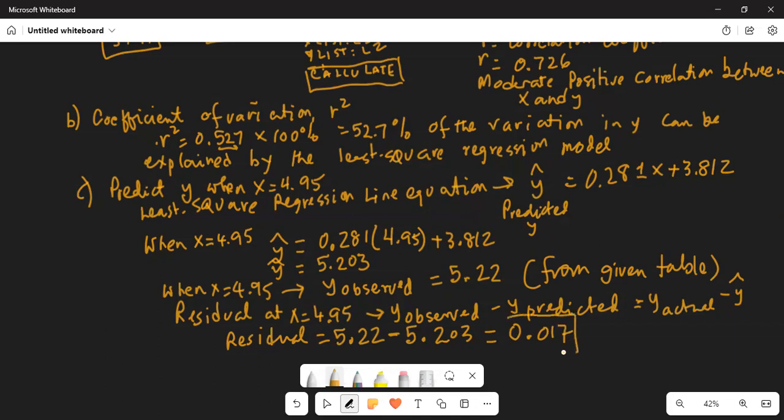So that's my residual at x equal to 4.95. This residual is sometimes also called error. So it's y actual or y observed minus y predicted.